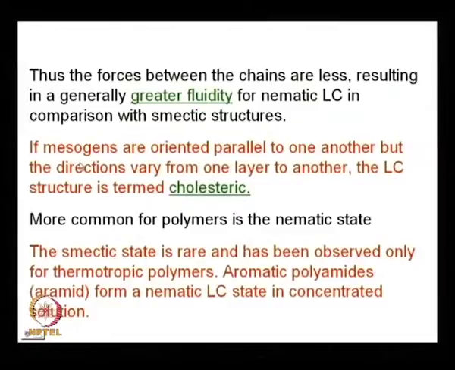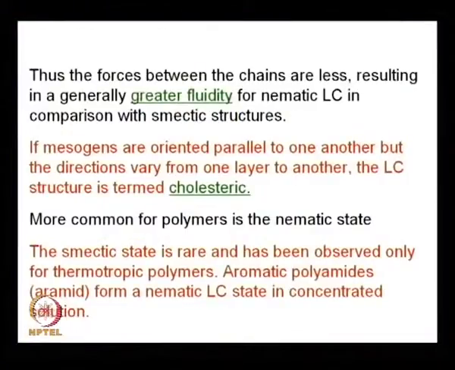If mesogens are oriented parallel to one another, but the directions vary from one layer to another, then the liquid crystalline structure is termed as cholesteric, as I was telling. Suppose this is a plane of polymer molecules, where polymer molecules are aligned in this way, where mesogens are also aligned in this way.